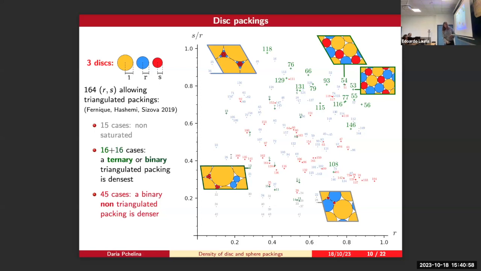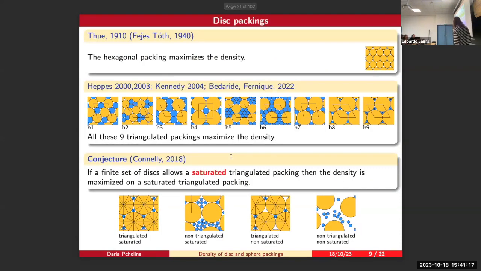Question. I don't know if you said it already, but how do you generate all these cases? So this is the result of 2019. I can talk a bit later in detail, but basically what happens is when you have a triangulated packing, like this one, what you know is that each disk of this packing has a corona, which is just the set of its closest neighbors.